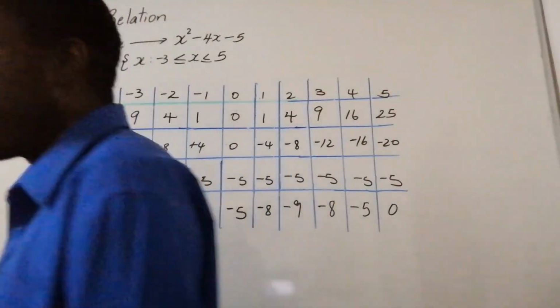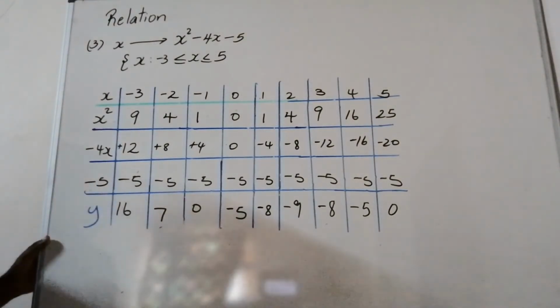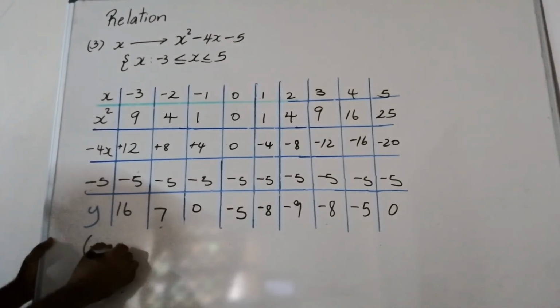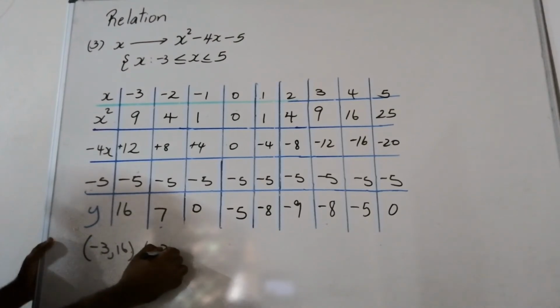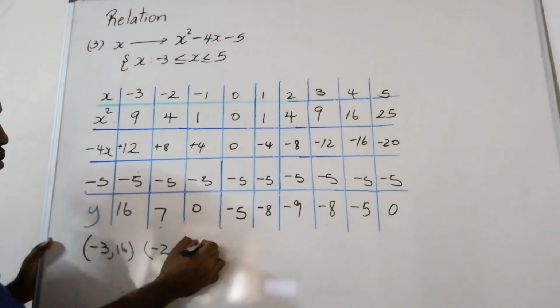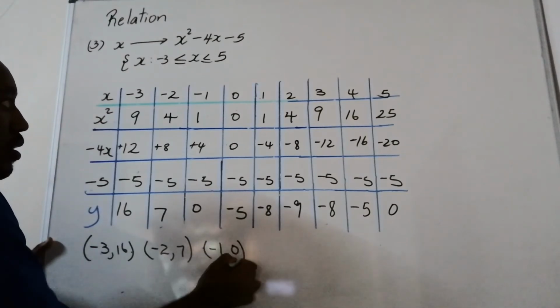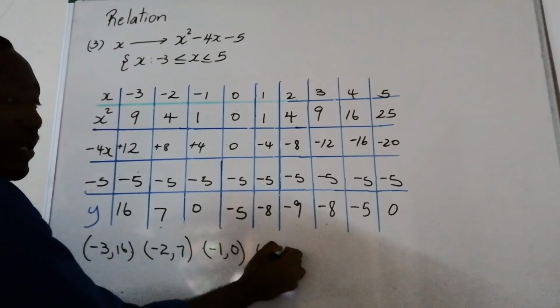Now to represent our ordered pairs. So we have negative 3, 16, negative 2, 7, minus 1, 0, 0, minus 5.